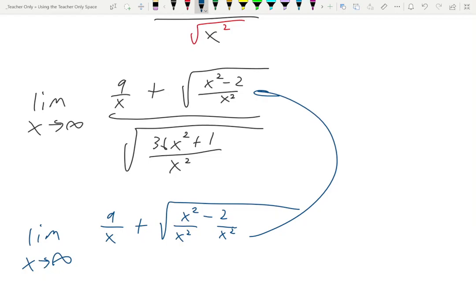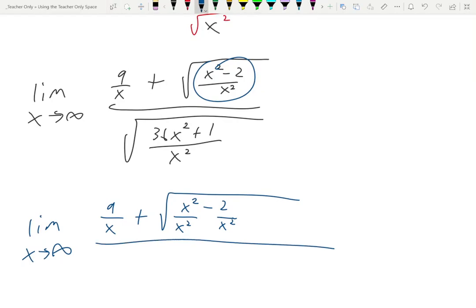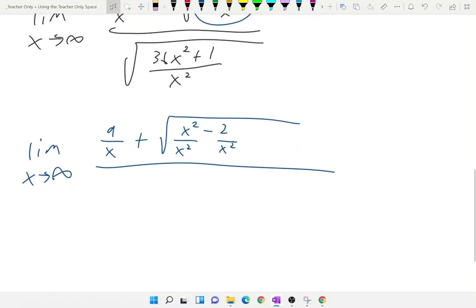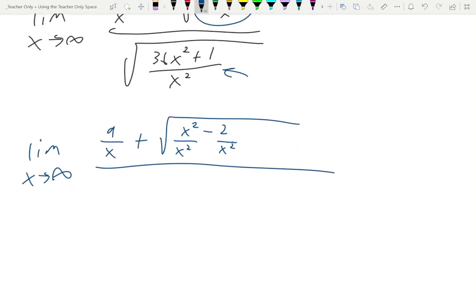Well, they were already together, and now we're going to pull them apart. So you can see I now have x squared divided by x squared and 2 divided by x squared. Same thing for the denominator. We're going to say this is all under the square root. So this is 36x squared divided by x squared plus 1 over x squared.